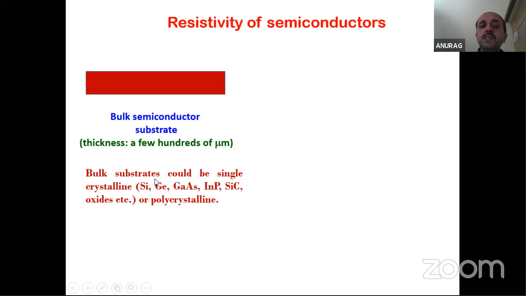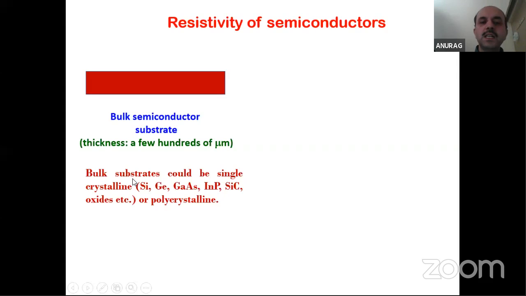What I have written is the form of the substrate or its crystalline nature. One thing depends upon its physical thickness, so we call it a bulk semiconductor substrate if it is freestanding, not deposited on or in contact with some other material.